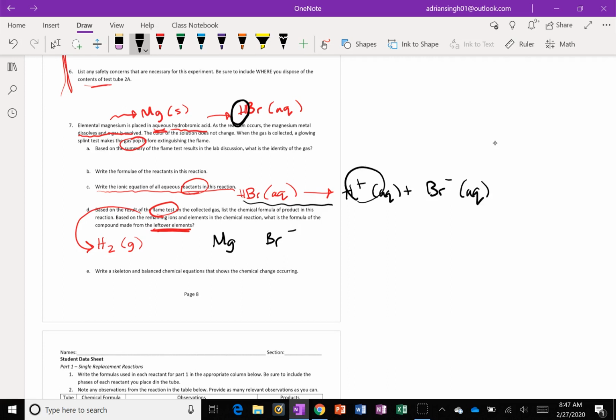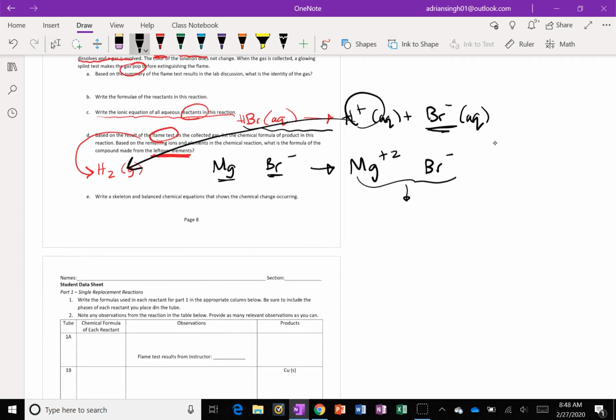So this becomes your gas. What you're left with is your Br and your Mg, and your task was to put those together. So you end up predicting the charge on the magnesium. Magnesium's in group 2, and for bromine you know the charge, and then we combine these to give the correct chemical formula.